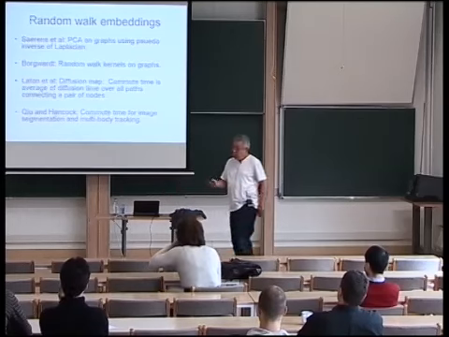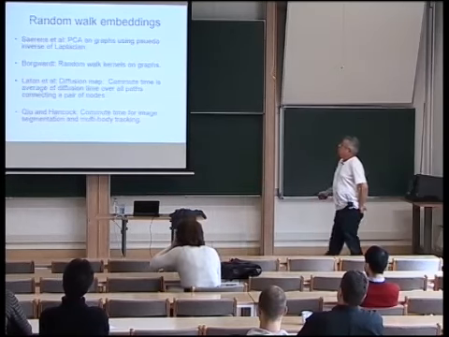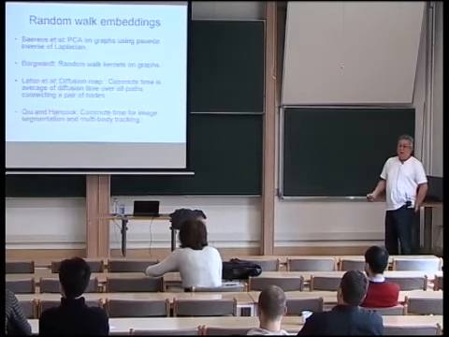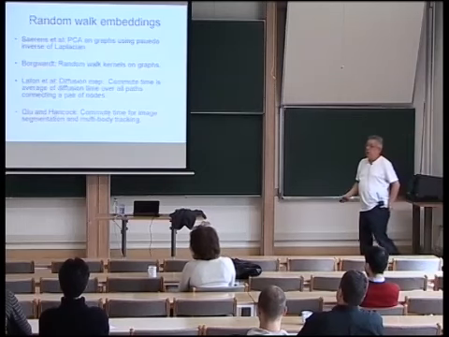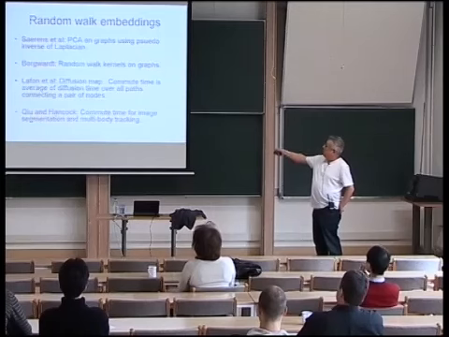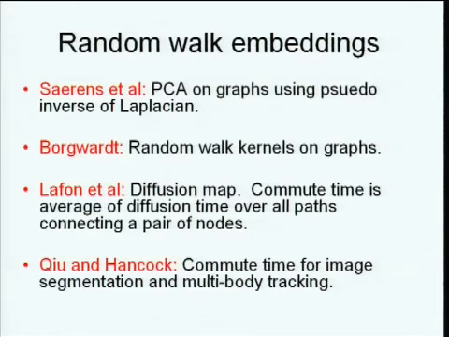Also related to this is, of course, all the work on using spectral methods to embed graphs in low-dimensional spaces. For instance, Saerens et al. have developed a technique for performing PCA on graph structures using the pseudo-inverse of the Laplacian matrix. Borgwardt has developed random walk kernels on graphs which are determined by the Laplace spectrum.